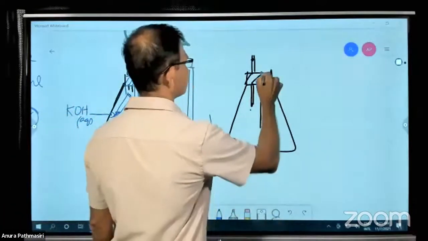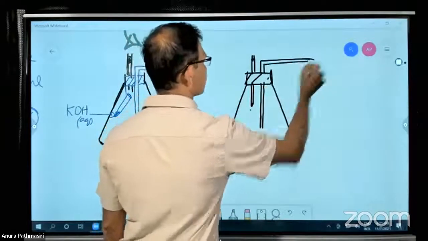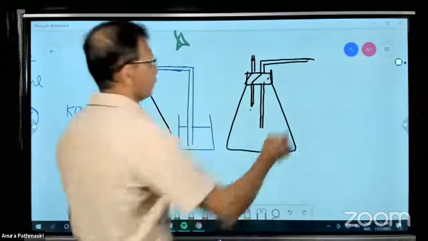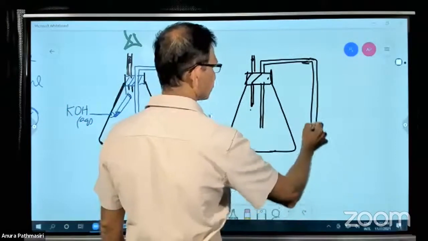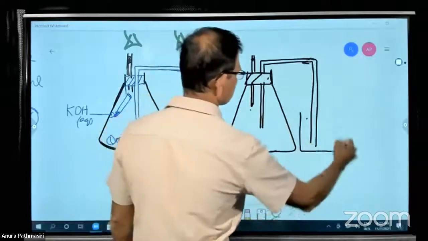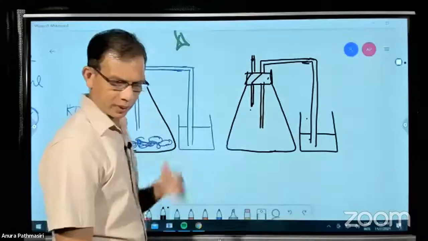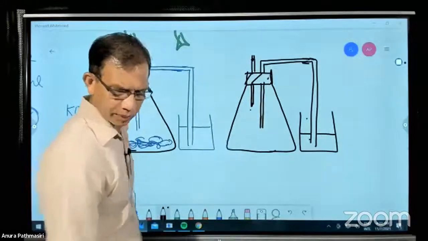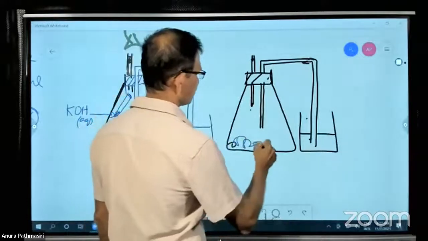Then glass tubes are there with the colored water, right? As usual, the colored water is there, and as usual, the germinating seeds are there.